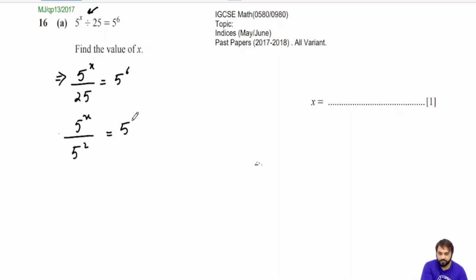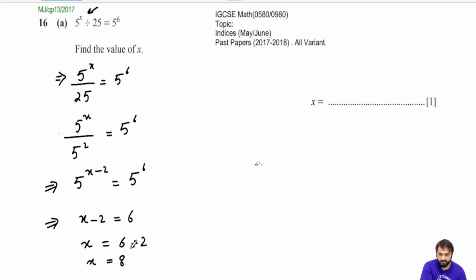When we have the division and the same base, we just write one time the base and subtract the powers. 5 raised to power x minus 2 is equal to 5 raised to power 6. After that, same bases, we can equate the powers. x minus 2 is equal to 6. So x is equal to 6 plus 2, that would be equal to 8. The answer to this question is 8.